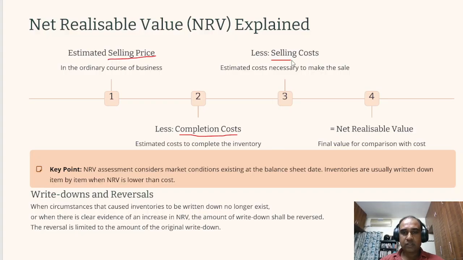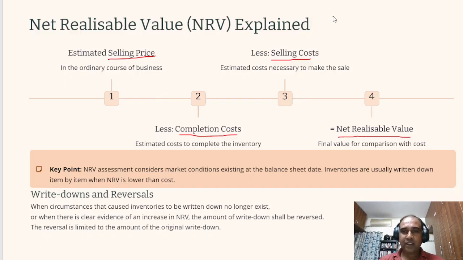Second is selling cost. If you are giving a commission, or if there are any costs incurred with respect to selling the inventory, that has to be reduced. So in simple words, it is the market price less future cost that needs to be incurred to complete the inventory, less any associated selling cost. That will give us the net realizable value.